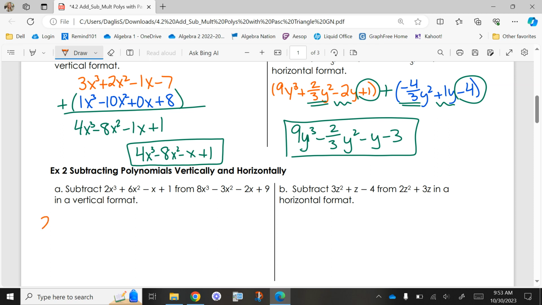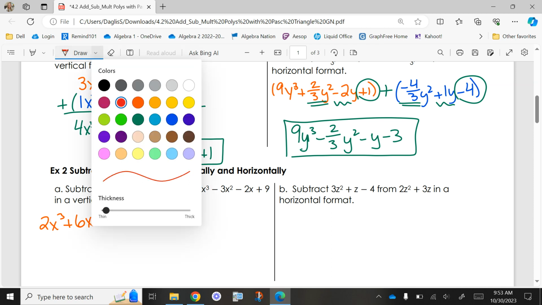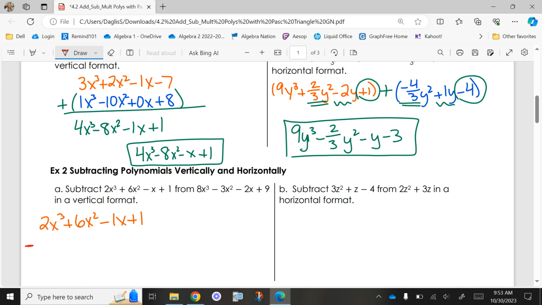So I have 2x to the power of 3 plus 6x squared minus 1x plus 1. And we're going to subtract. Oh, wait, I did it backwards, didn't I? Subtract that from that. Look at me, I fell for my own trick.